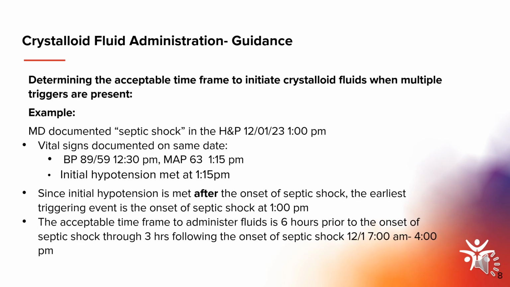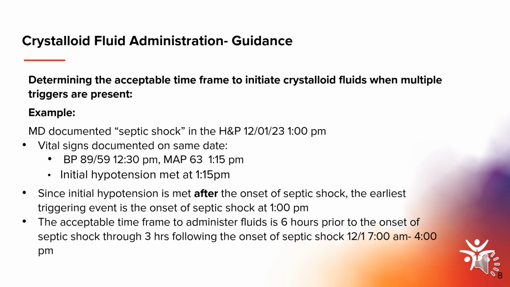When determining the acceptable time frame to initiate crystalloid fluids when multiple triggers are present, the guidance instructs us to abstract the earliest trigger and calculate the acceptable time frame to give the fluids from there. This example illustrates the presence of septic shock and initial hypotension.